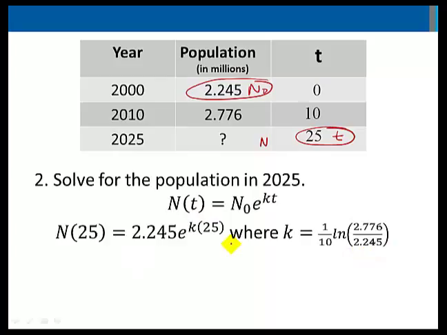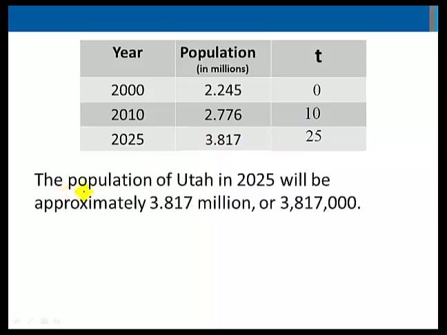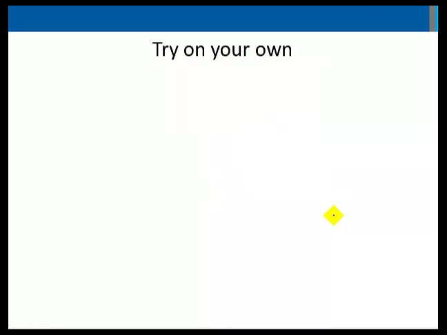Plugging that into my calculator, I find that n of 25 is approximately equal to 3.817. This can be summarized as the population of Utah in 2025 will be approximately 3.817 million, or 3,817,000.